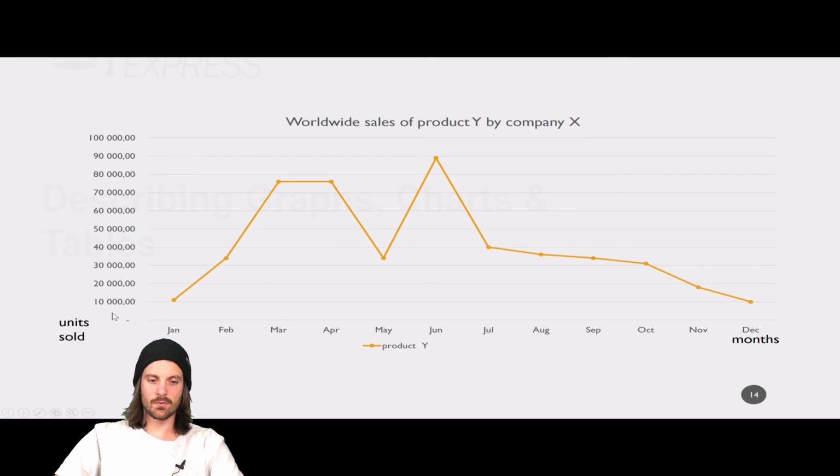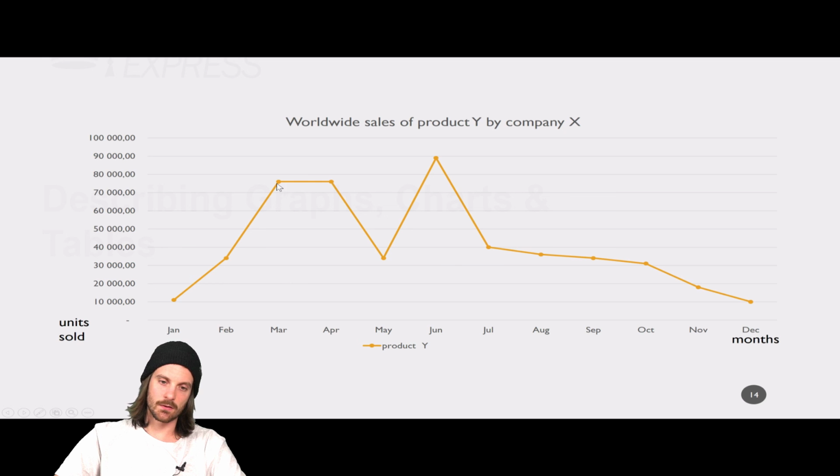I think it's very important to state what the axes show, because then everyone knows what it's all about. In this case, the graph itself is a product labeled product Y, and company, blah blah blah. There's the headline: worldwide sales of a product by a company.